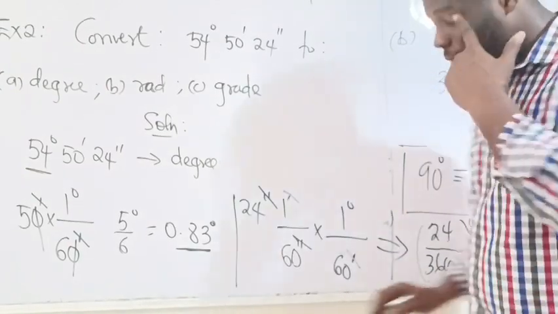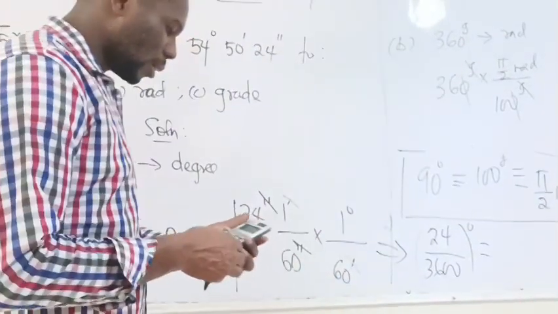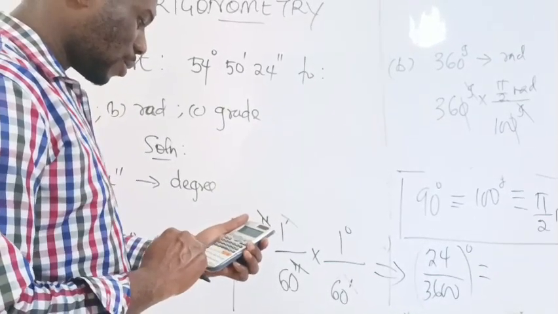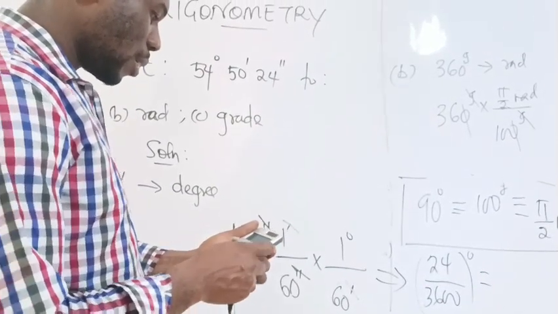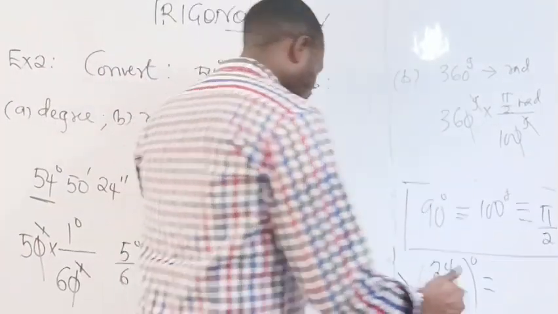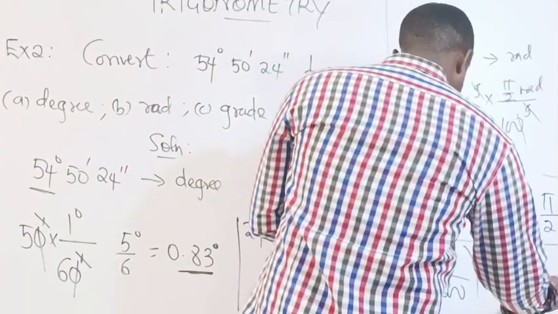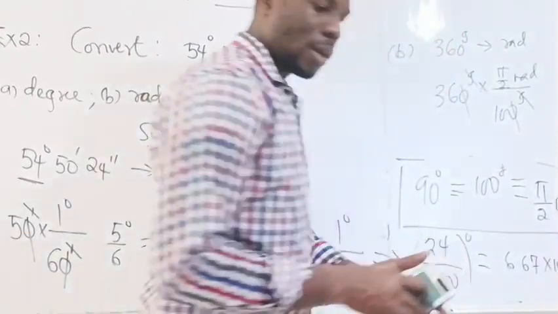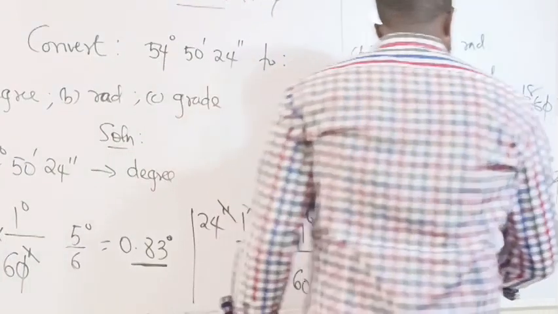So I can get the value in decimal. That is 24 divided by 3,600, which is 1 out of 150, and that is 6.67 times 10 raised to the power minus 3 degrees.